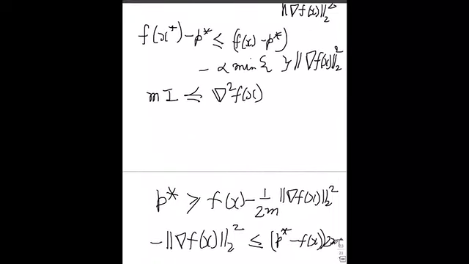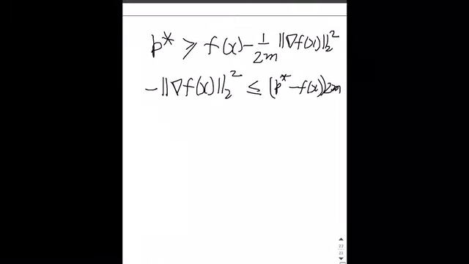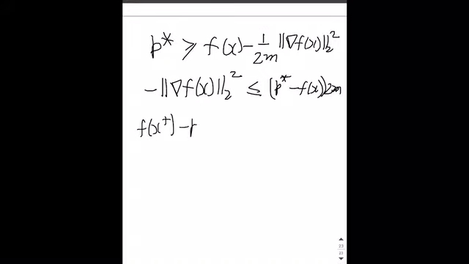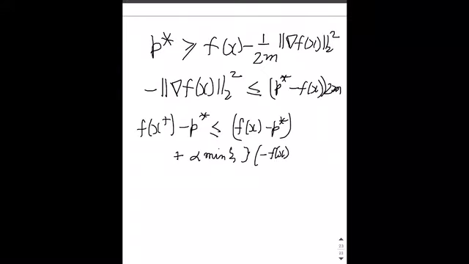Now we substitute this in the previous expression, and we get f of x plus minus p star is less than or equal to f of x minus p star plus alpha times min of 1 comma beta by m times 2m times (p star minus f of x).